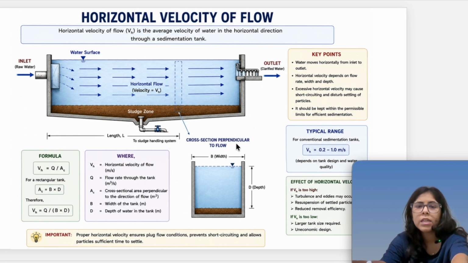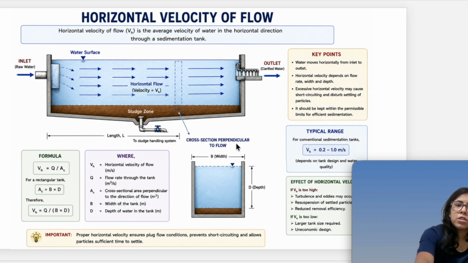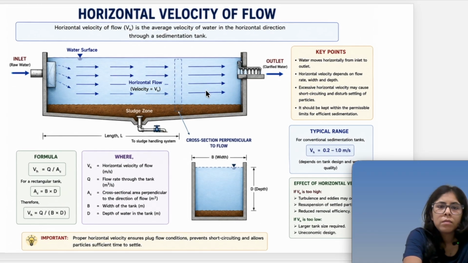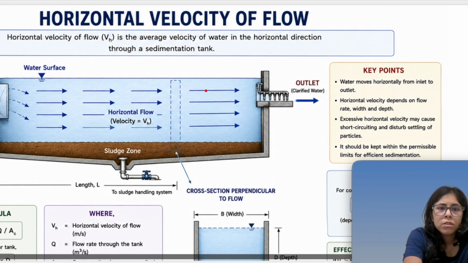Now let's see the next thing, which is horizontal velocity of flow. Horizontal velocity is from inlet to outlet. The speed of the water coming from the inlet and going to the outlet is the average velocity, and that we call horizontal velocity.